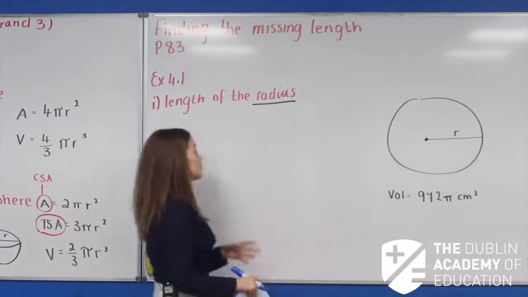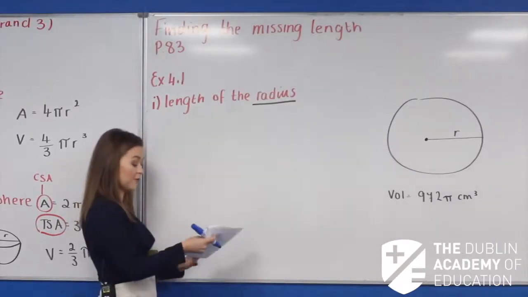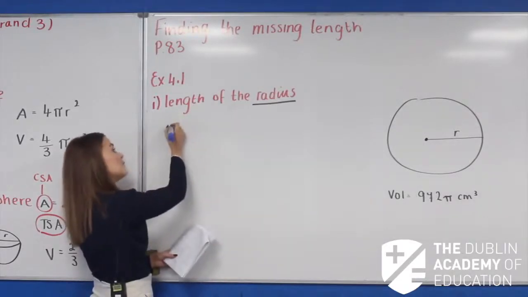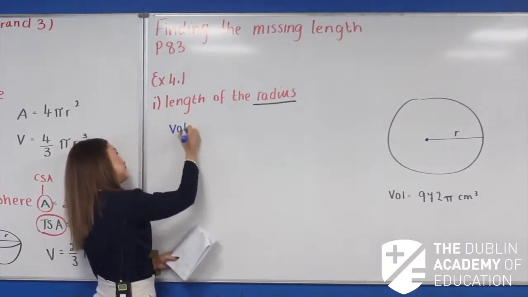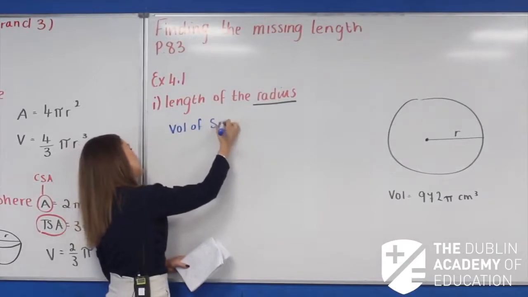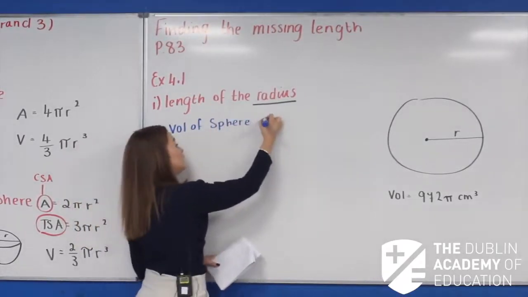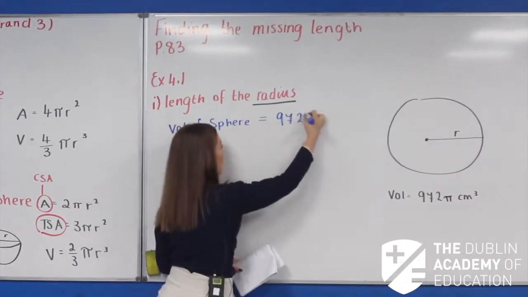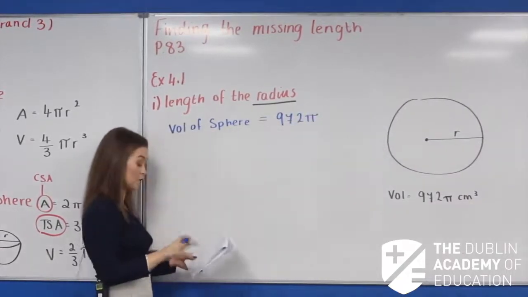So the first thing I'm going to write down is my formula for the volume of a sphere. We know the volume equals 972 pi. I'm going to leave out the centimeters for a moment.